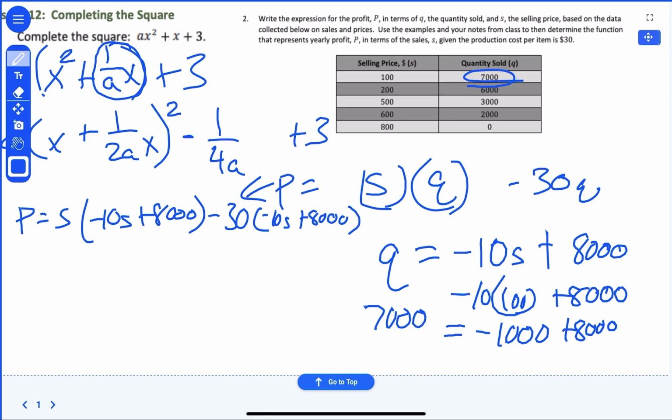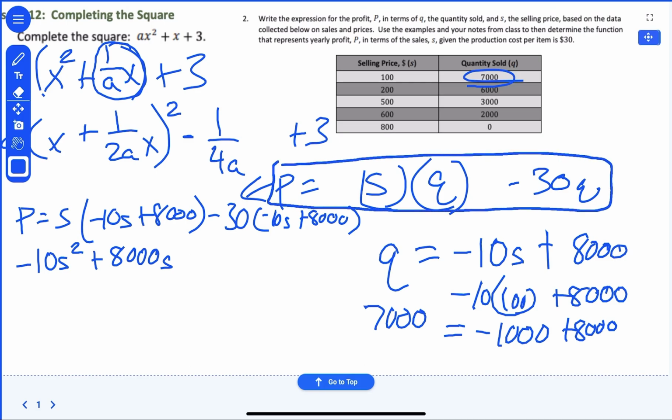All right, here we go. What's S times a negative 10S? What's S times 8,000? See where we have P here? And then see where we solve for Q?